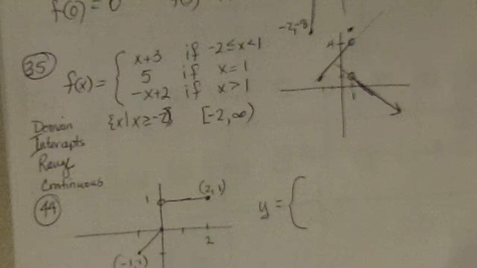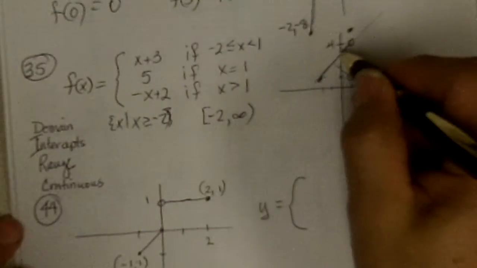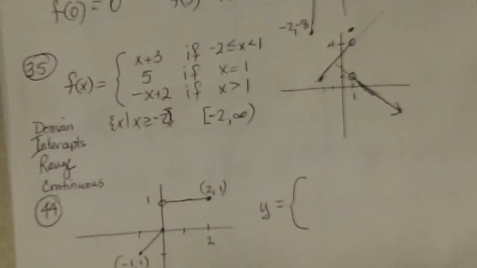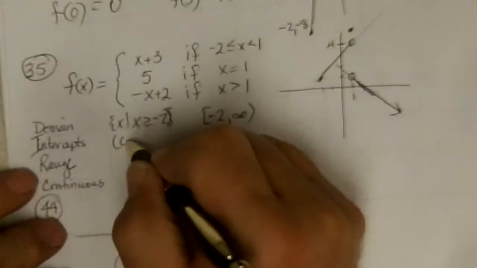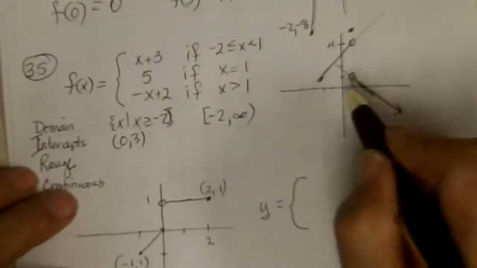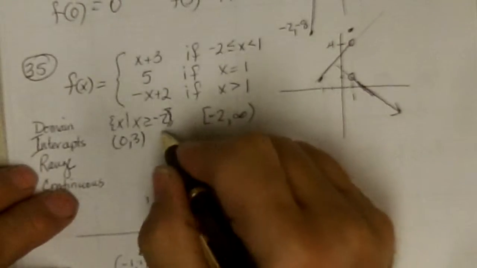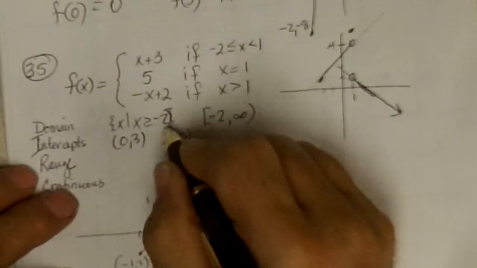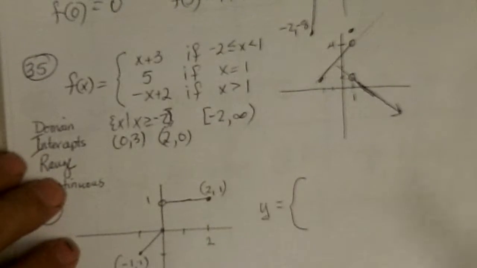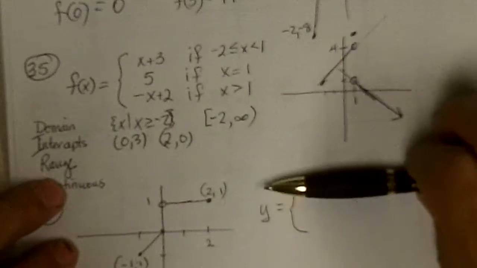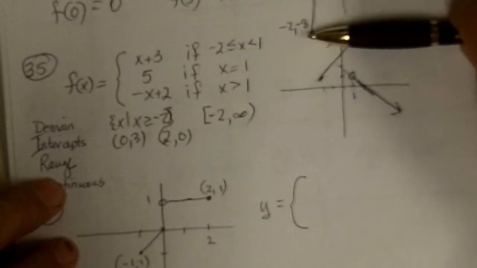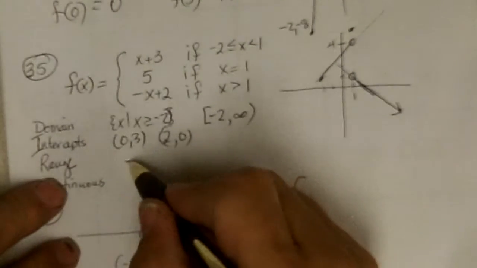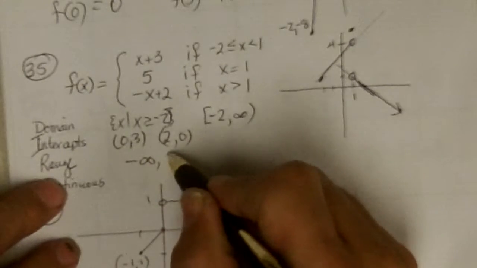What's the intercepts? What crosses at 0, 3? Excuse me. 0, 3, and it crosses at 2, 0. Range, well, it's got numbers for everything up to 4, but not including it, so from -infinity up to 4.